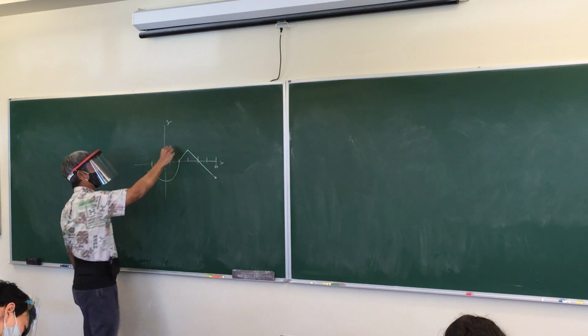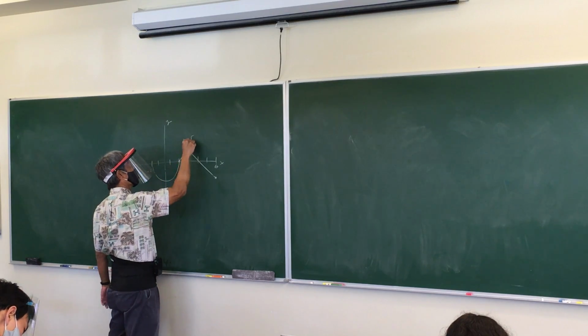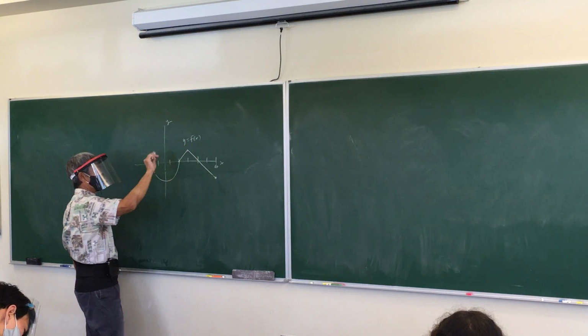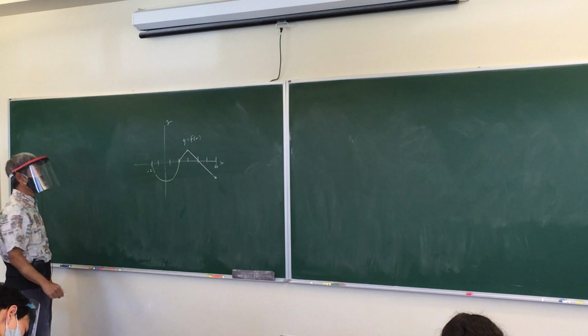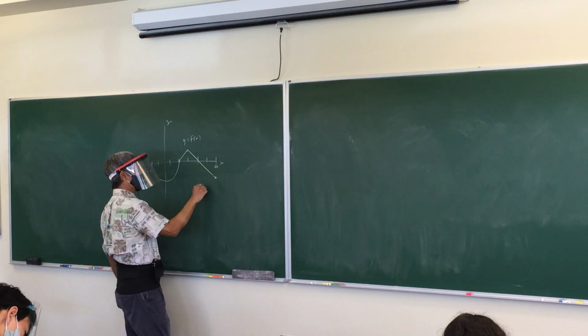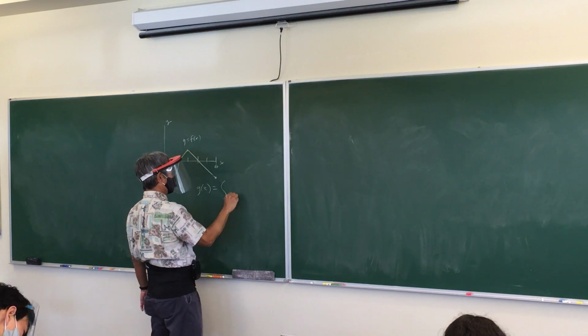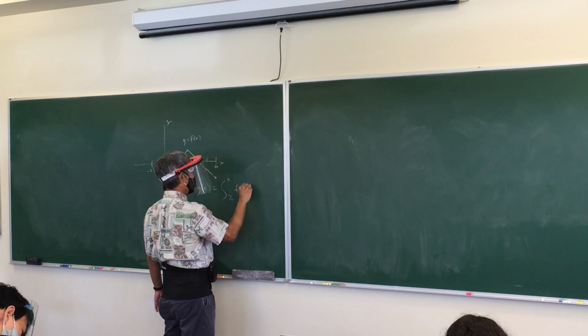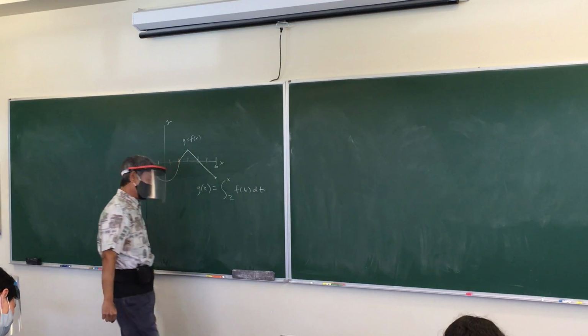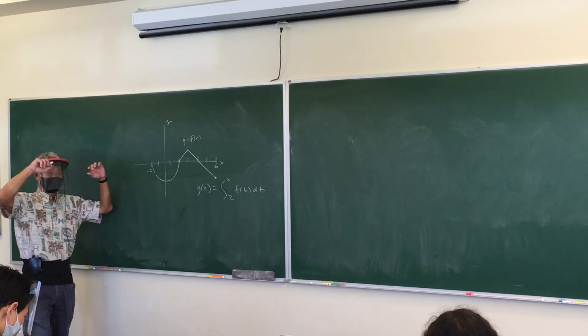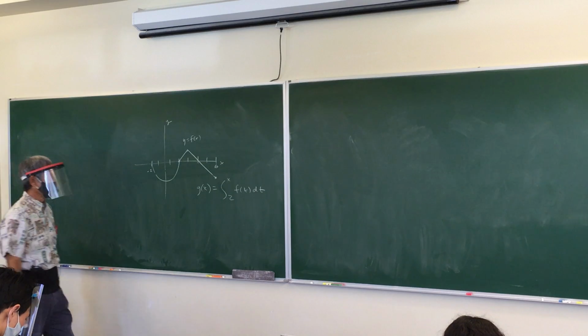The graph of f is made up of a semicircle and 2 line segments. g of x is equal to the integral from 2 to x of f of t dt. This is a typical graph problem, and then they're going to start asking you all kinds of questions.